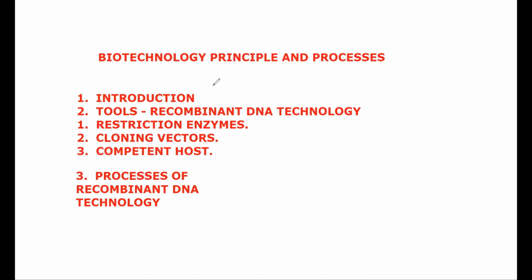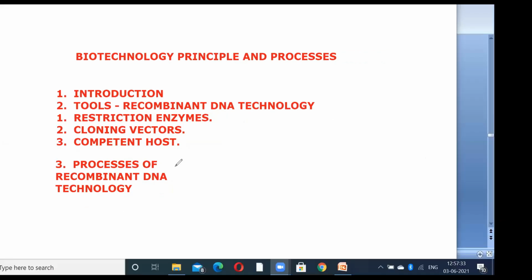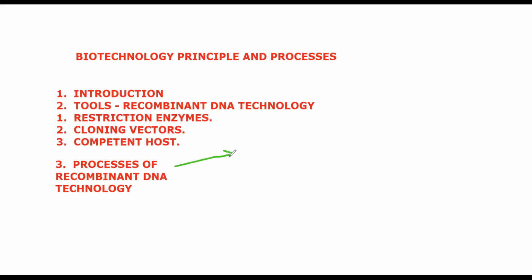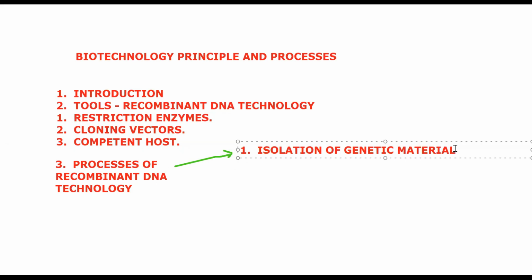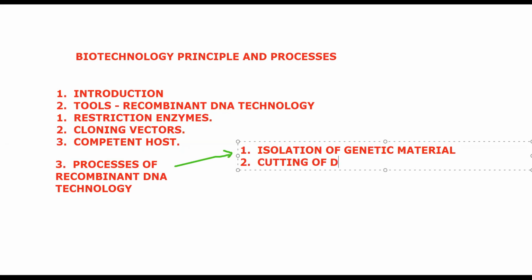The first step is isolation of genetic material. Then the second step is cutting of DNA at specific locations.